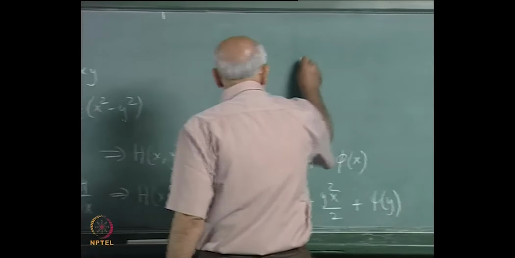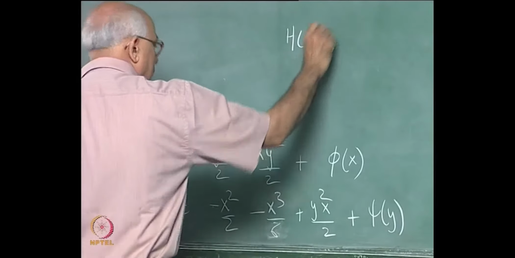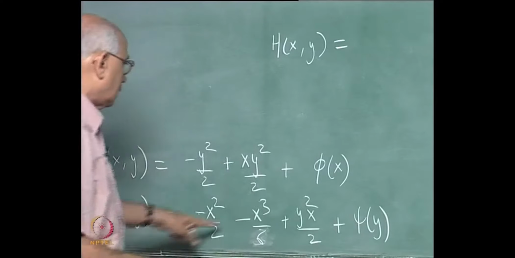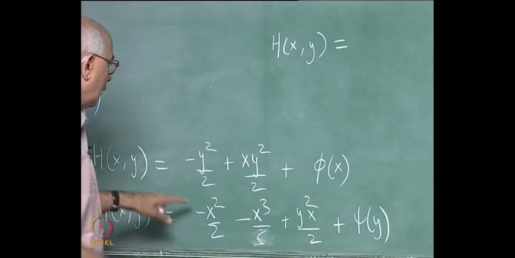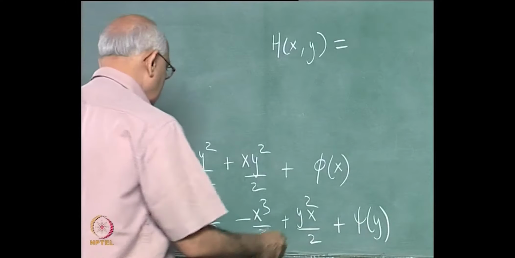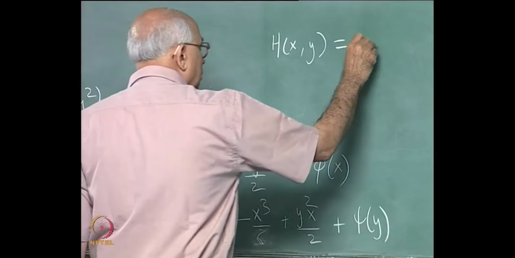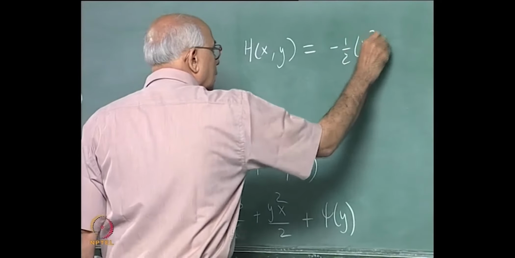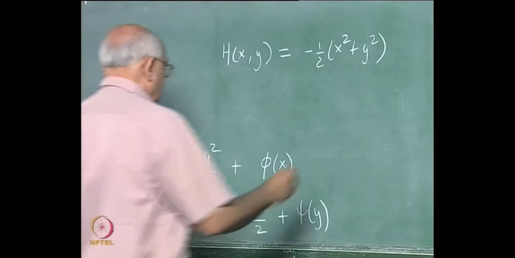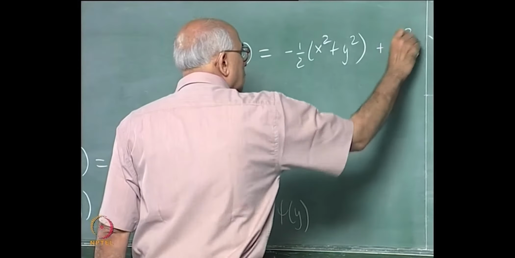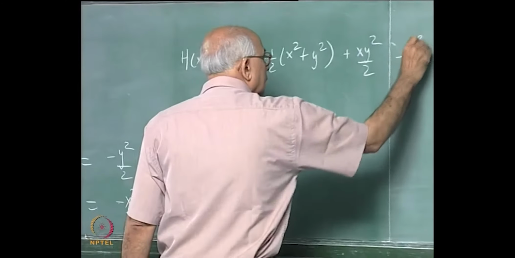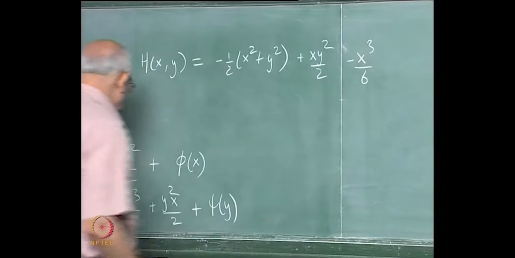So it is clear that H of x, y is equal to, well there is certainly a minus y squared over 2, minus x squared over 2 could be this function, and the psi of y would be this function. So you have a Hamiltonian which is minus half x squared plus y squared, that is certainly permitted, plus xy squared over 2, that is a nonlinear term, and there is a nonlinearity minus x cubed over 6 here.